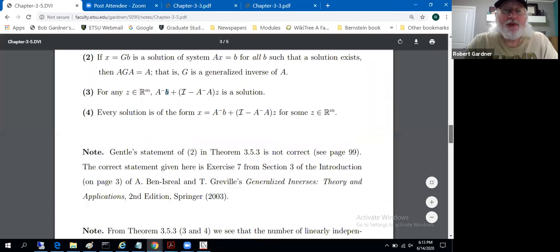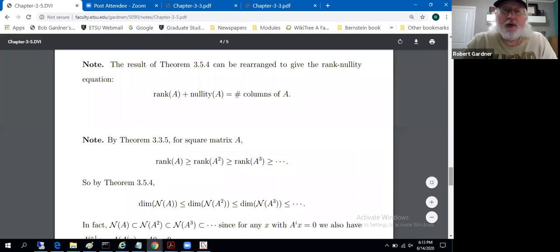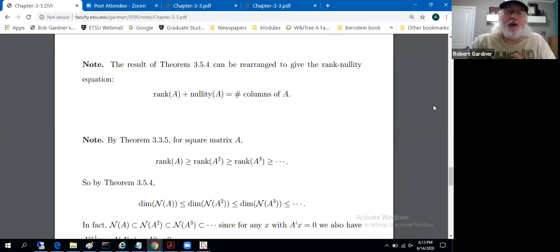And these are the kinds of manipulations you do in sophomore linear algebra. You compute the rank, compute the nullity, do row reduction, right?